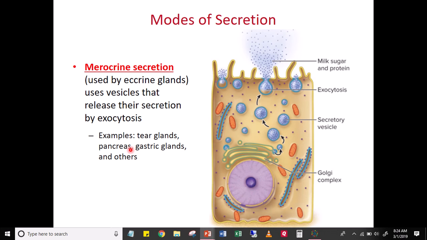Like right now. So when we think of a merocrine secretion, these are going to be used by the eccrine glands of our bodies. And when we think of merocrine secretion, I want you to think of exocytosis. So I want you to take this term merocrine and connect it to exocytosis.